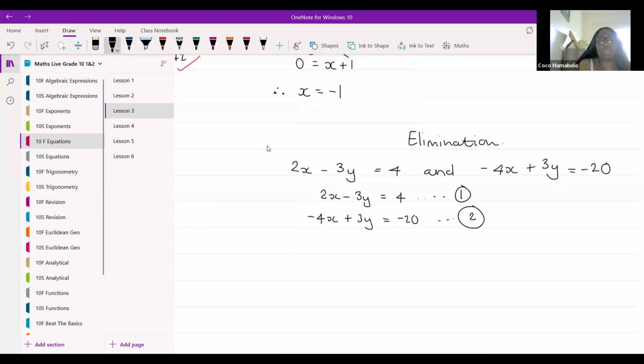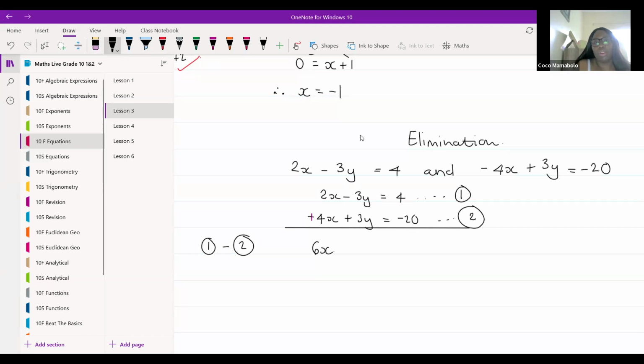So that's exactly what I'm going to do. Equation 1 minus equation 2. So over here, I'm going to get 2x minus negative 4, that's going to give us positive 4. So we're actually adding. I'm going to get 2x plus 4x will give us 6x.